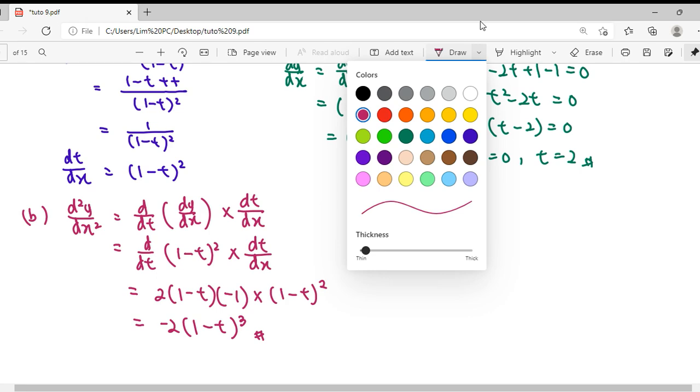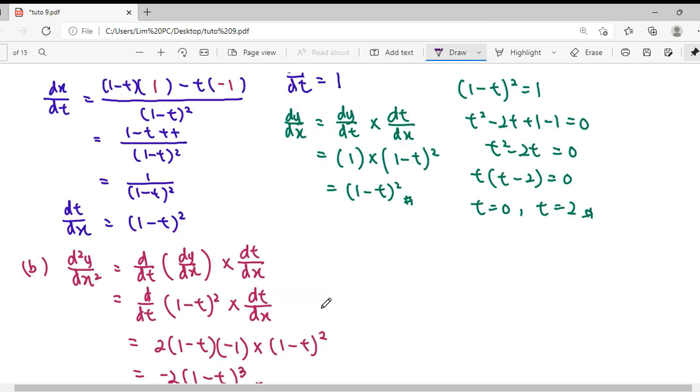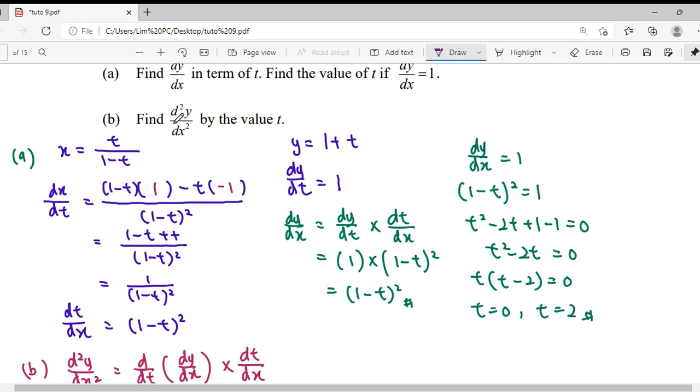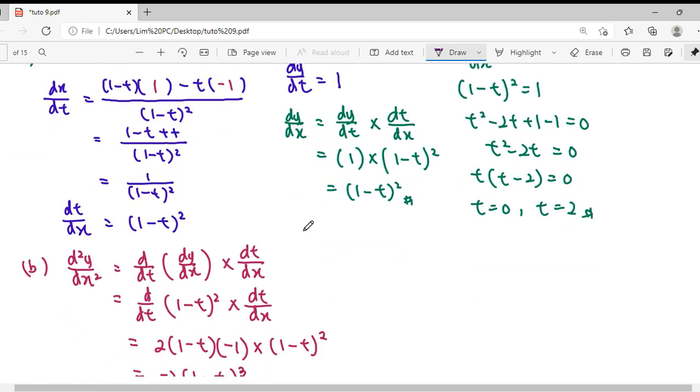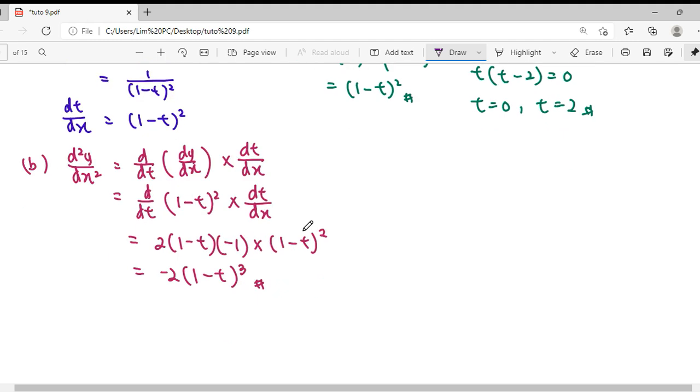So we follow the question here. They say find this d2y dx squared by this value of t. So I have two values. When t equals 0, substitute inside the d2y dx squared. So it will give us negative 2.